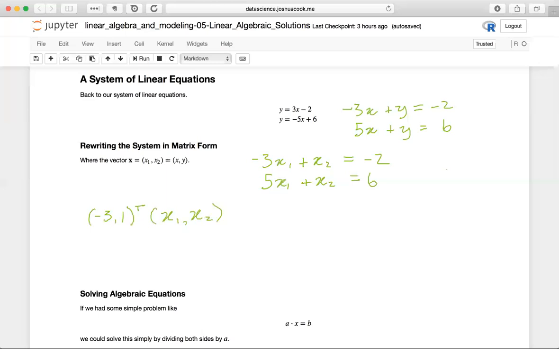So I've made a vector of x1 and x2 and a vector of negative 3 and 1, and I've rewritten this equation as a dot product. So just have a look at that for a minute and make sure that it makes sense to you how that was done.